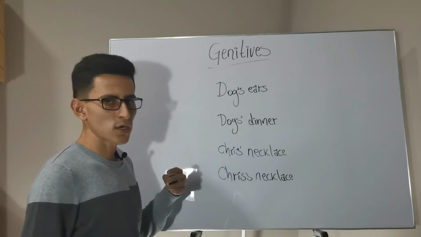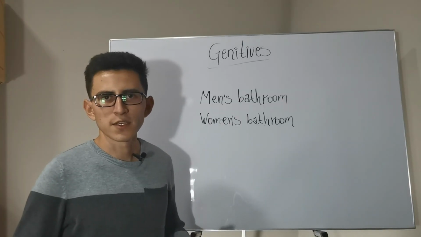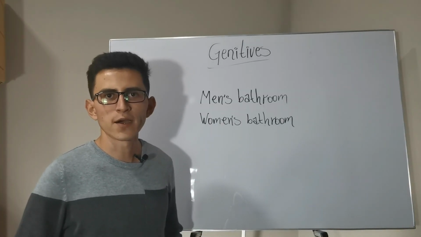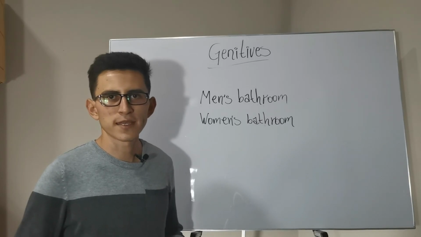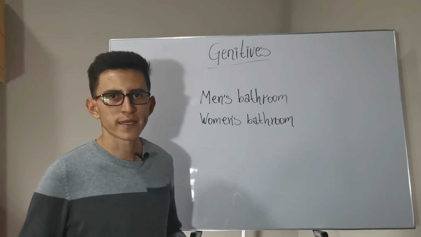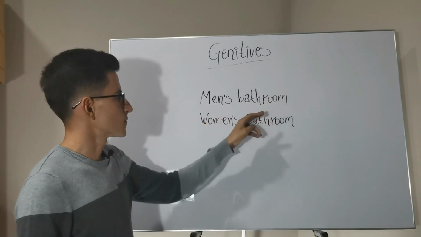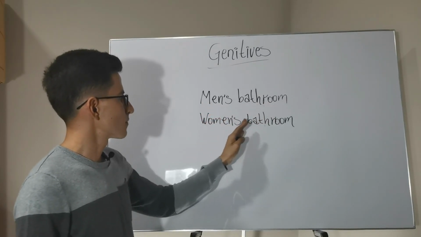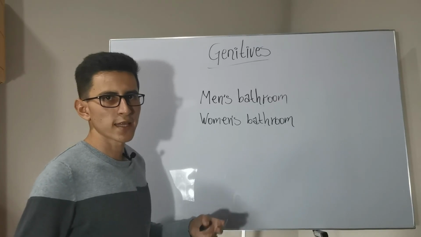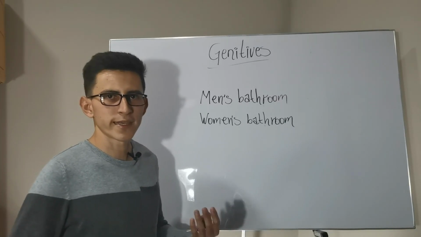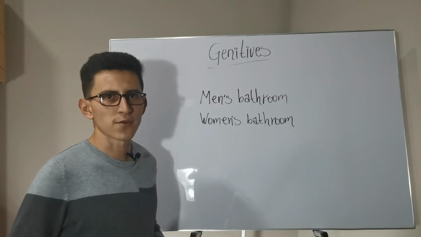Both ways are correct. And if we have a plural noun not ending with s, we go like this. Men's bathroom or women's bathroom. We just add the apostrophe and the letter s after the noun.